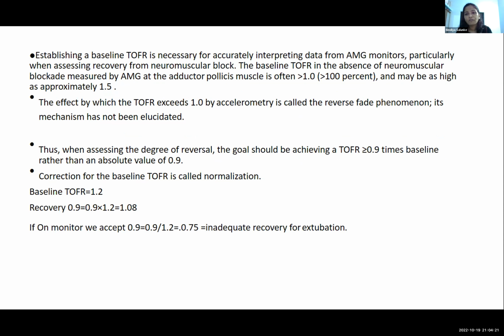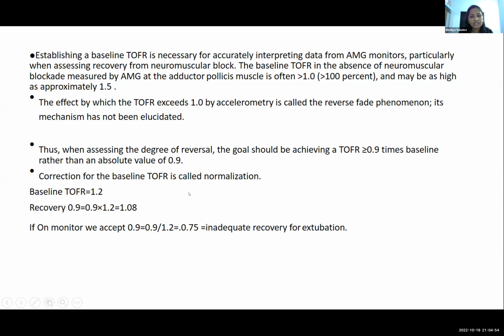The baseline train-of-four ratio in the absence of neuromuscular blockade, measured by the AMG at the adductor pollicis, is more than 1. It can be up to 1.5. The effect by which the train-of-four ratio exceeds 1 by acceleromyography is called the reverse fade phenomenon, and its mechanism is not well understood. Thus, when assessing the degree of reversal, the goal should be achieving a train-of-four ratio of more than or equal to 0.9 times the baseline rather than an absolute 0.9.